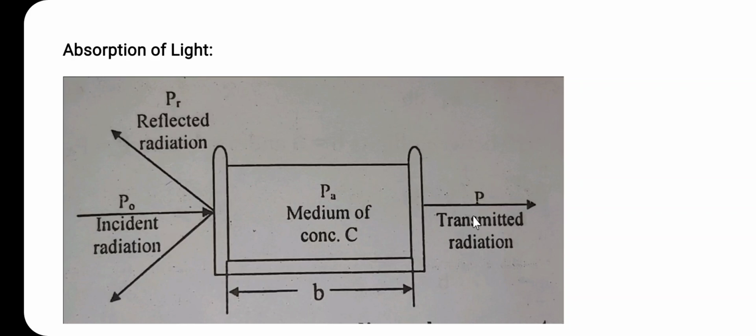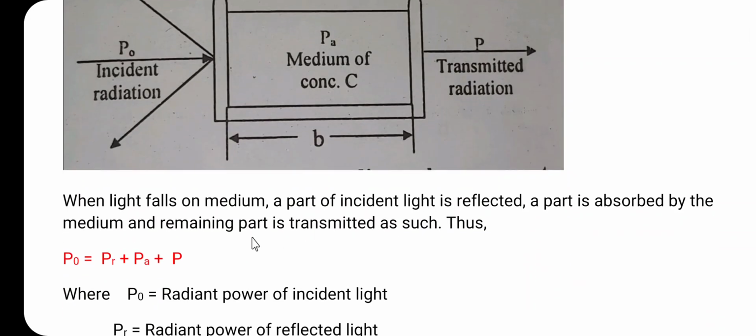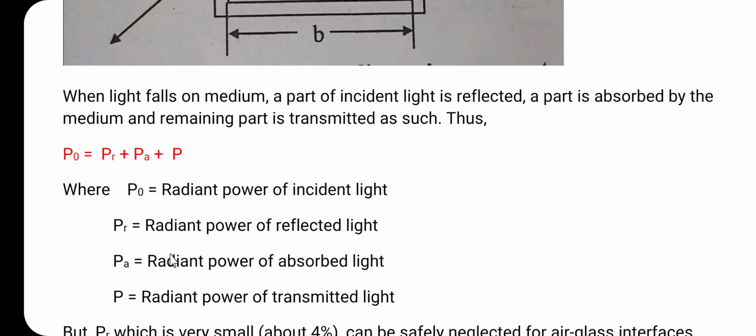By considering this concept of absorption of light, we can write the equation P0 is equal to PR plus PA plus P, where P0 is the radiant power of the incident light, equal to the radiant power of the reflected light plus the radiant power of the absorbed light plus the radiant power of the transmitted light.